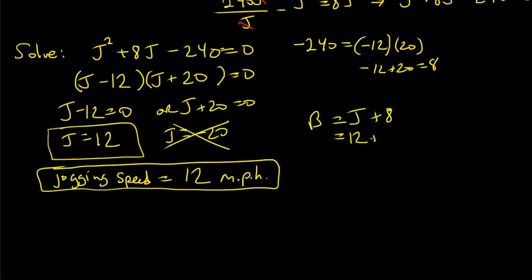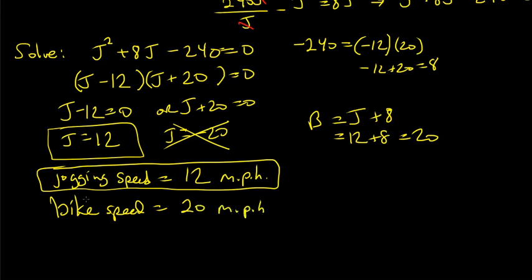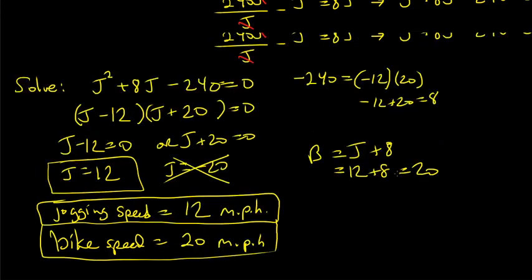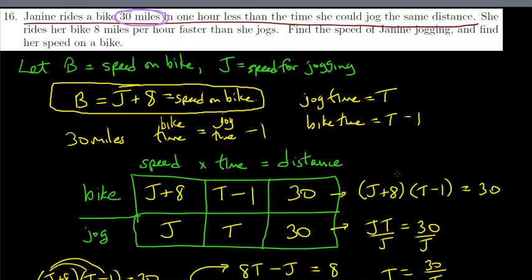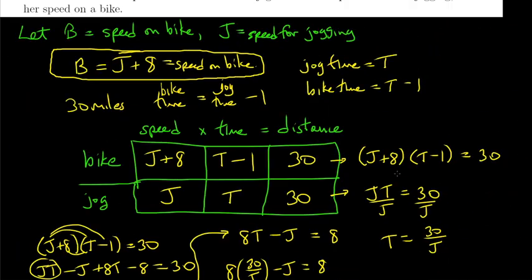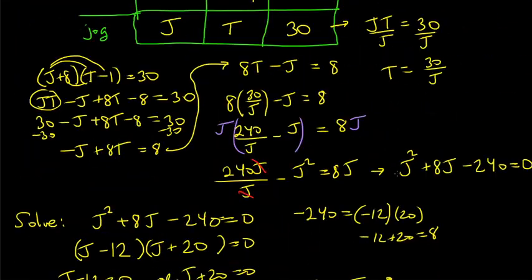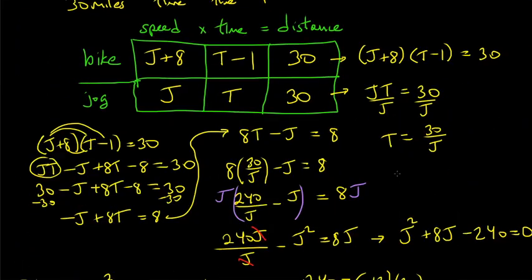If j is 12, then b is 20. So the bike speed is 20 miles per hour, which is indeed 8 miles per hour faster than the jogging speed. All right, so there it is. Not an easy one, but that's how it's done.